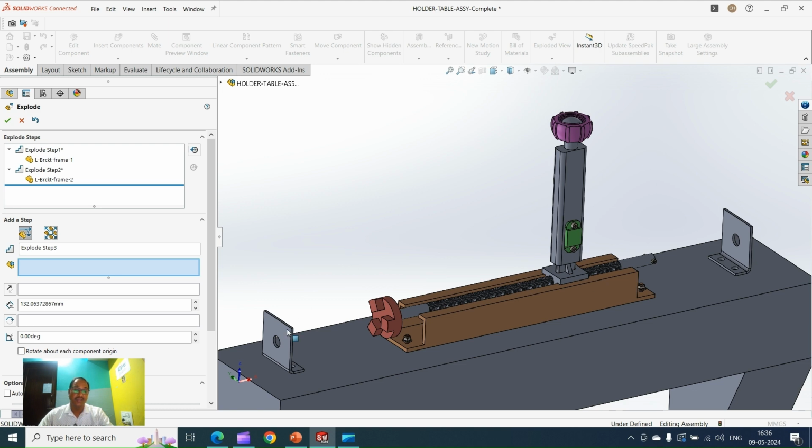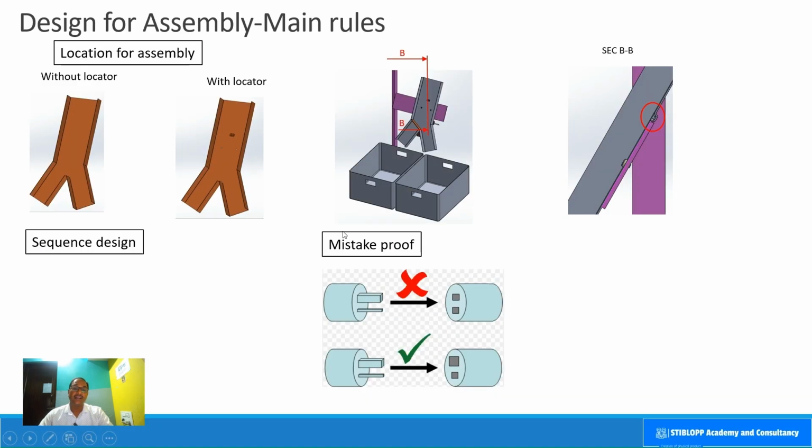Now swapping back, the next important rule that has to be followed is the mistake proof or Poka-yoke solution. What this rule says is that the correct or the right male part has to be fitted into the required female part. This one.